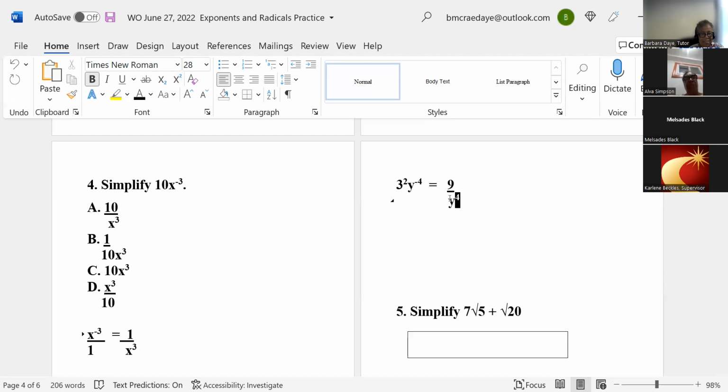Now you understand, right? This is a coefficient, 3 to the second, in front of the variable y to the -4. So 3 to the second is 9. Leave that right there in the numerator. And then y to the -4 goes in the denominator with the sign changed to a +4. You got it?